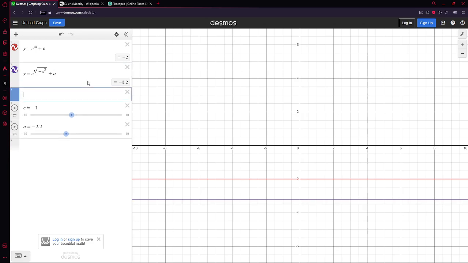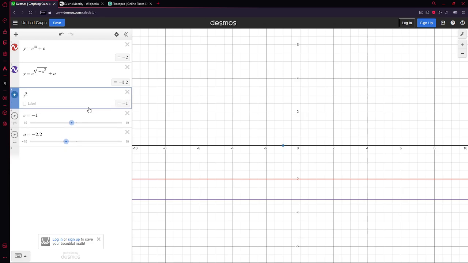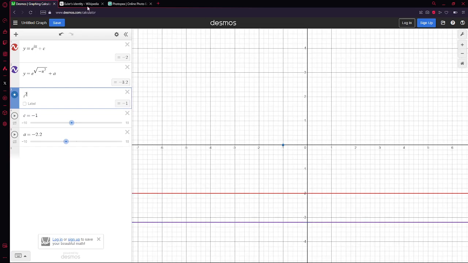It got me thinking, it's recursive. If you power it enough, you will get itself. So i squared is equal to negative 1, right?